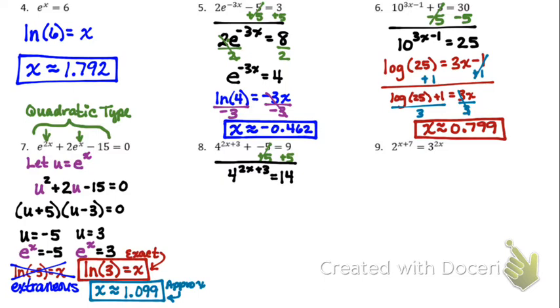What can I do with it from here? I can use logs. How could I use logs on this one? Well, 4 would be the base. Okay, so I've got log base 4 of what? What would my argument be? 14 is equal to 2x plus 3.